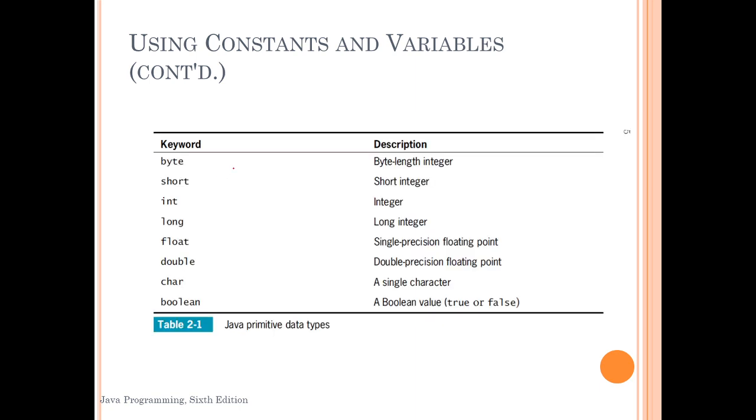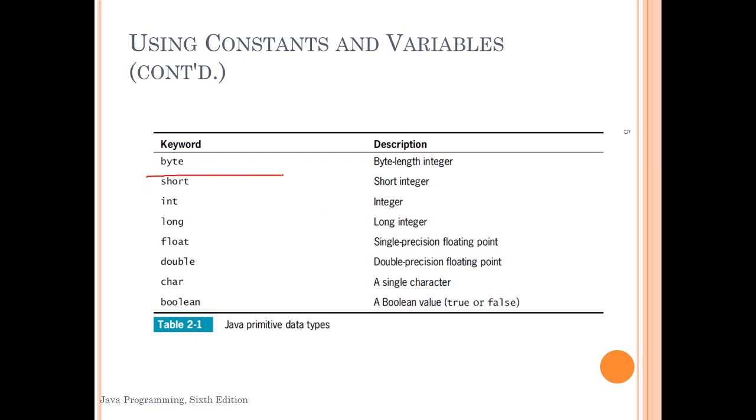Now, these are the different constants and variable keywords, as well as the data types that you can use. We have the byte, which is a byte-length integer, and short integer. Integer is a whole number.